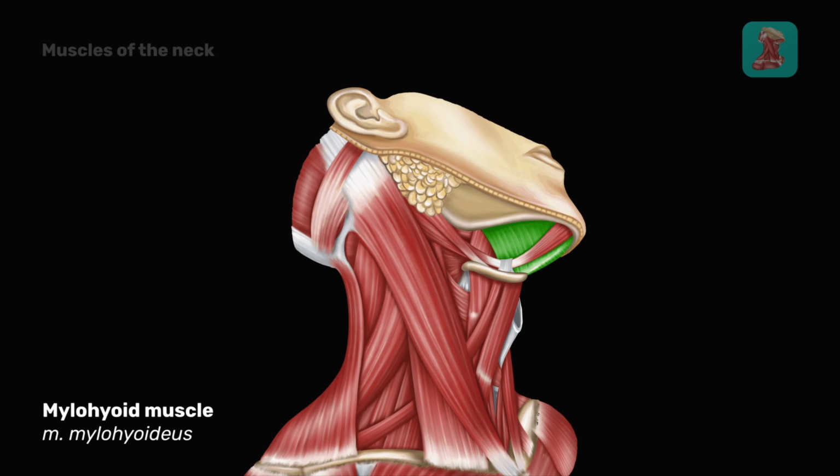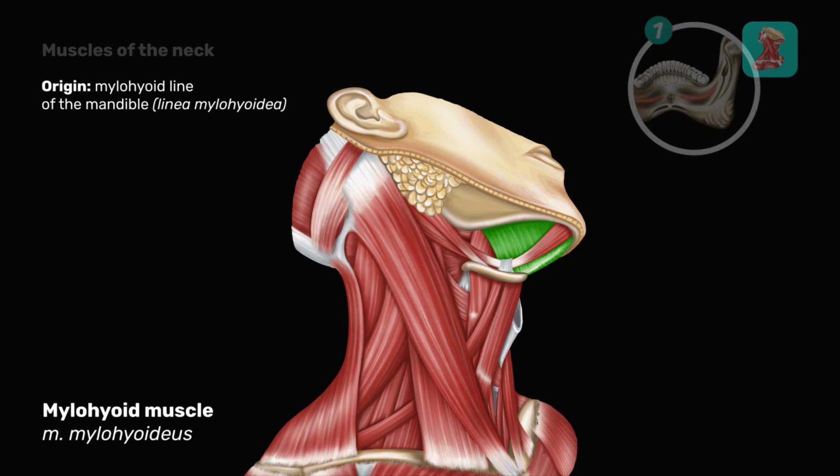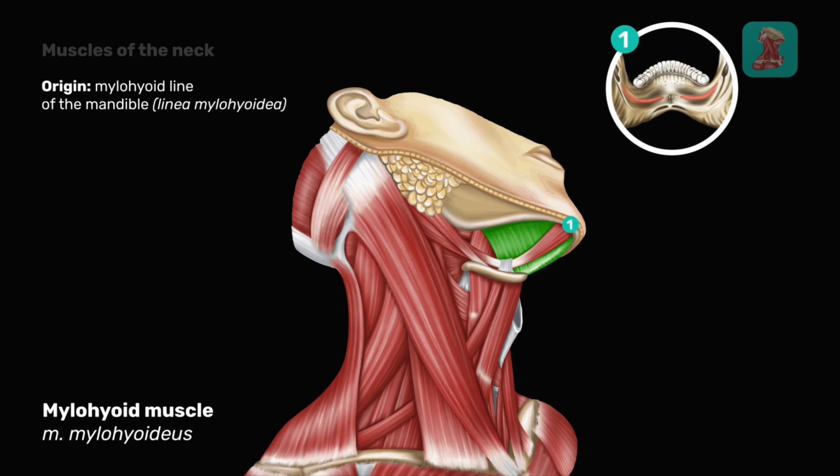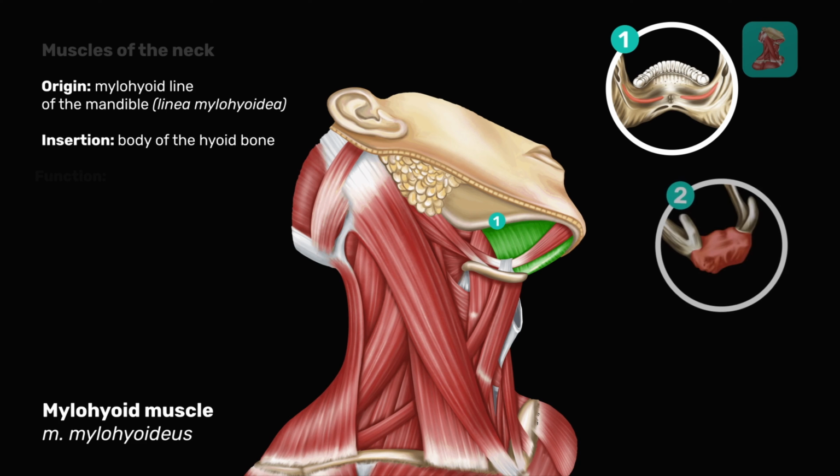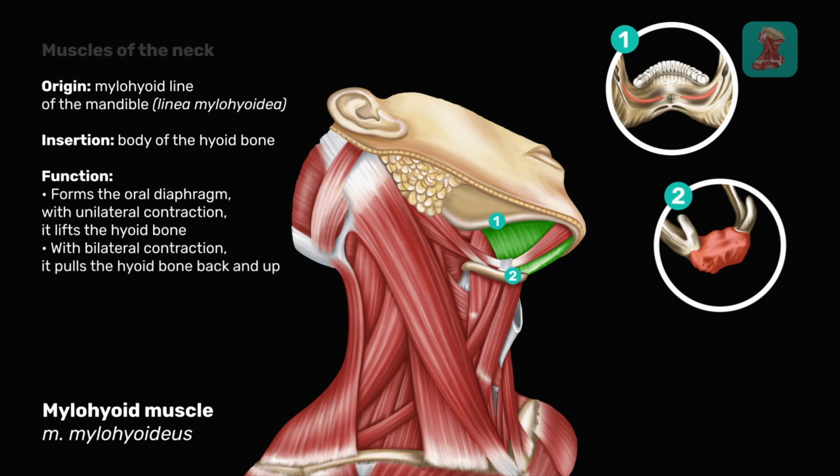The mylohyoid muscle originates from the mylohyoid line of the mandible and inserts into the body of the hyoid bone. Function: forms the oral diaphragm. With unilateral contraction, it lifts the hyoid bone, and with bilateral contraction, it pulls the hyoid bone back and up. The following structures innervate the muscle and supply it with blood.